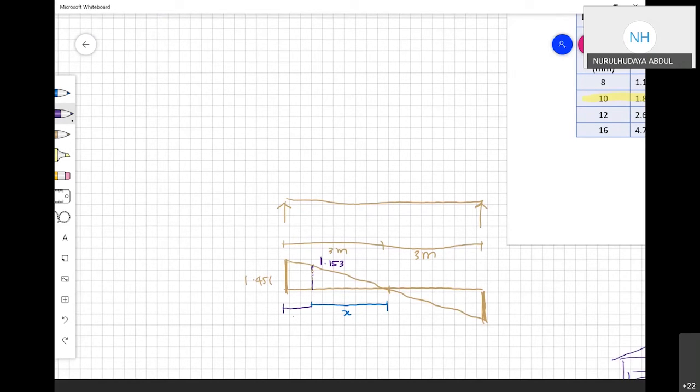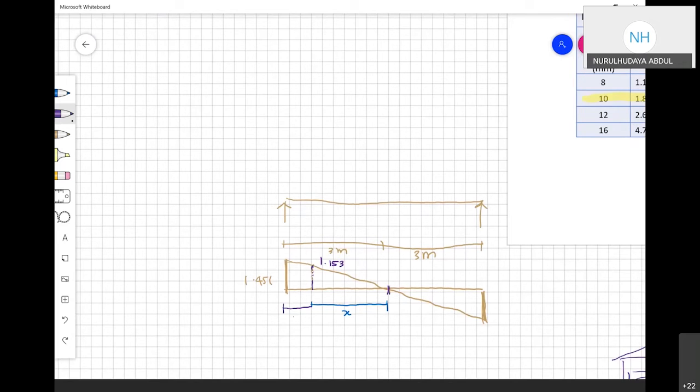Right. So nak tahu berapa, so we know that kita akan ambil 3 meter je separuh because kita tahu our beam ni dia balance because of the UDL je. So the load is balance. Jadi sama je, 3 meter sebelah sana, 3 meter sebelah sini sama je. So kita ambil separuh sebab kita nak dia start pada kosong kat sini lah. Okay.